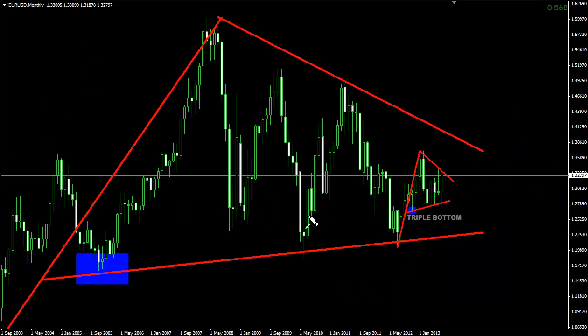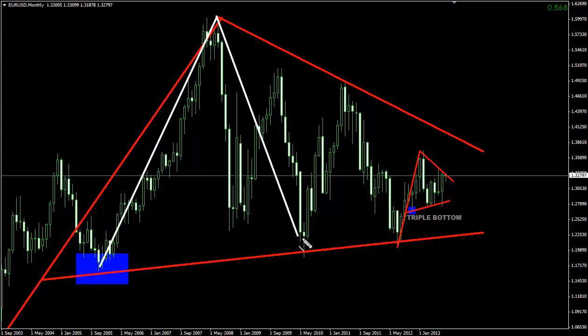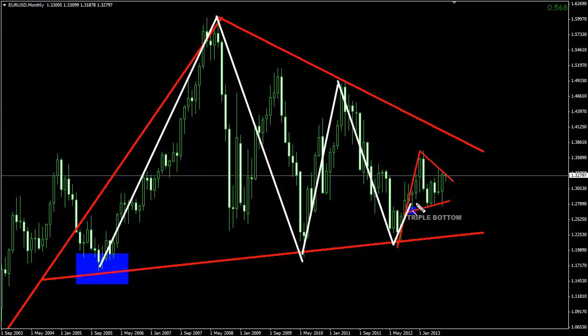We can see that this bigger one on the monthly chart is also in the fifth wave. We have the first, the second, the third, the fourth, and the fifth wave now, which means that we are near a breakout either to the upside or to the downside.